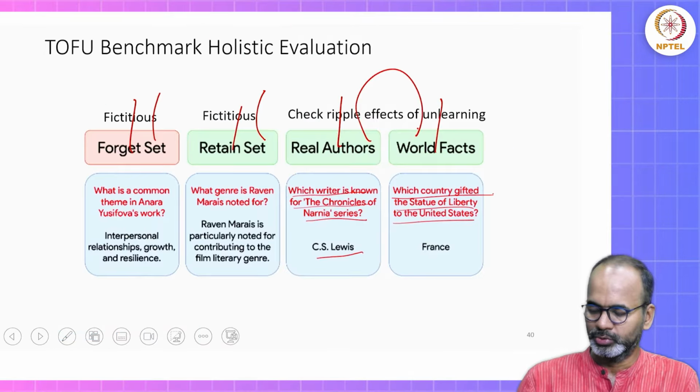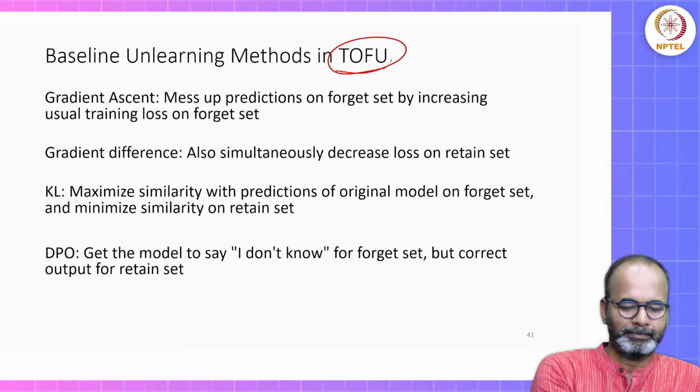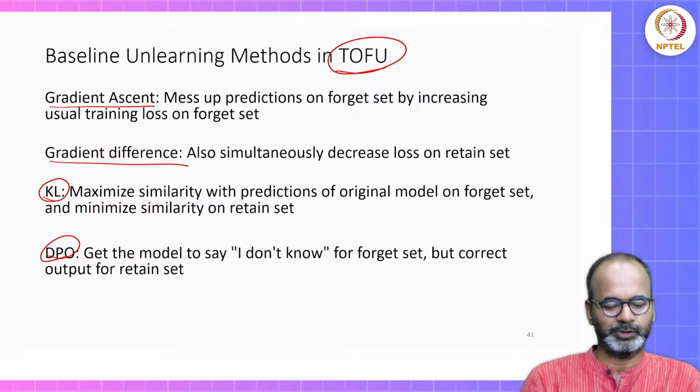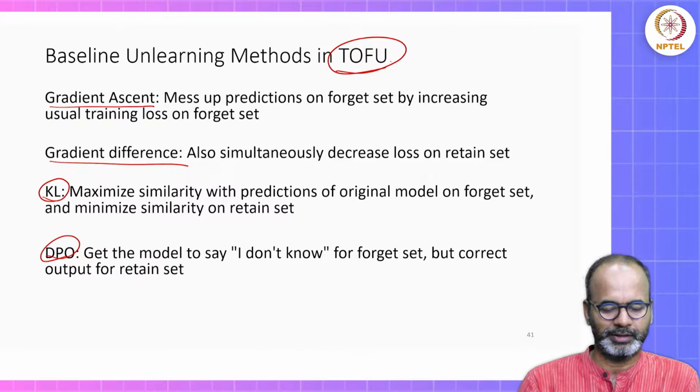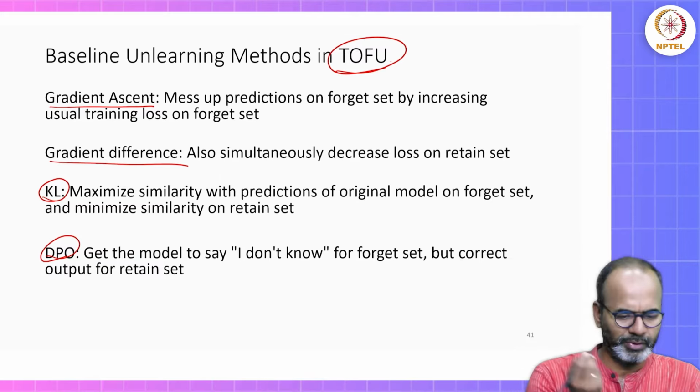What can you do in this TOFU benchmark? Gradient ascent, gradient difference, KL, and DPO. All of these words, we have seen in the past, so you should be able to relate to them. Some of it, we have even used very recently, like KL and DPO also.